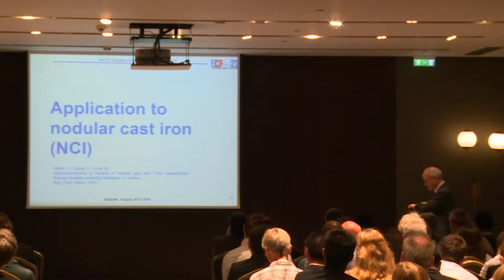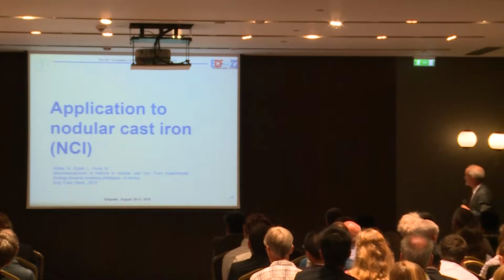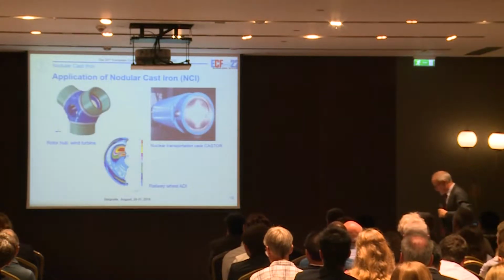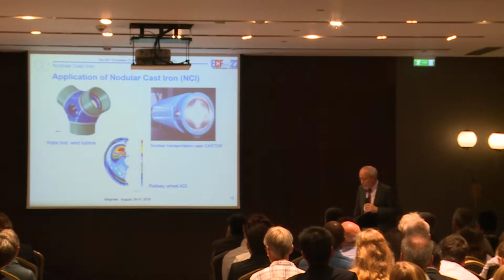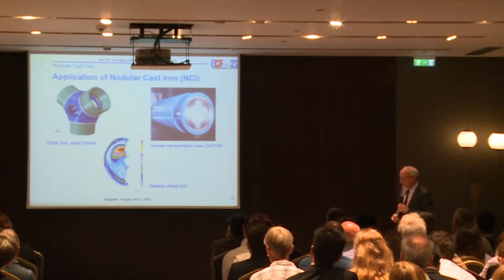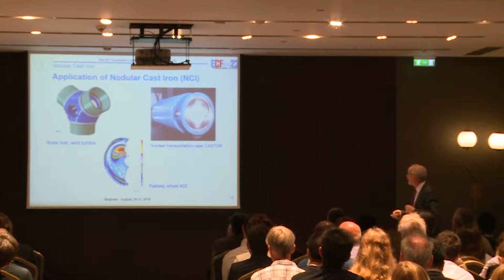So let me come to our applications to nodular cast iron. This is a very interesting and more frequently used material in engineering, especially for big cast components like the hubs or gears of wind turbines.